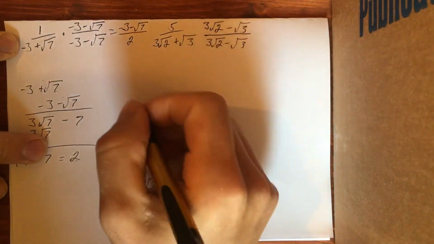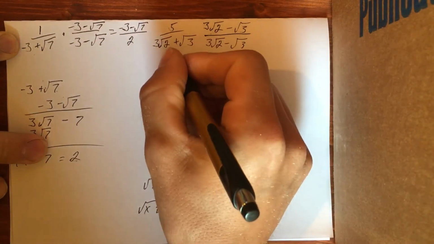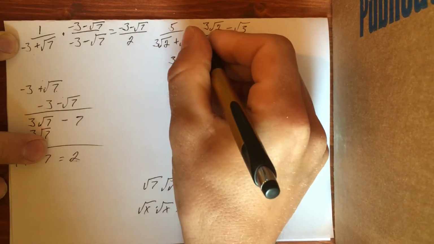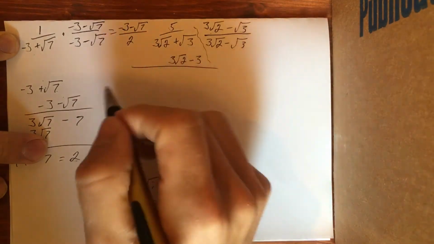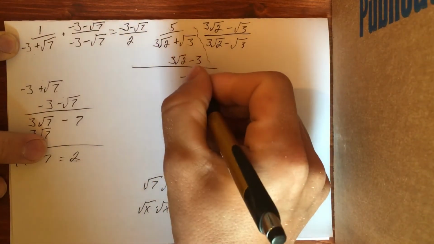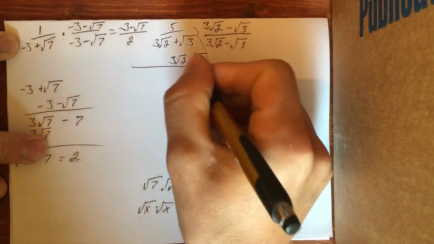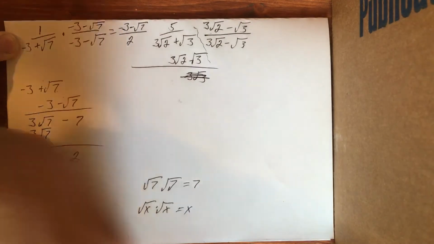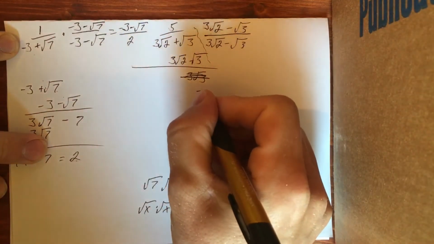We can save a little space if I just write this one right underneath here. So we're looking at this business. Negative the square root of 3 times the square root of 3, a negative times a positive, square root times square root, is just going to be plain -3.